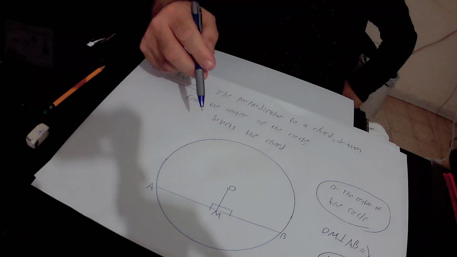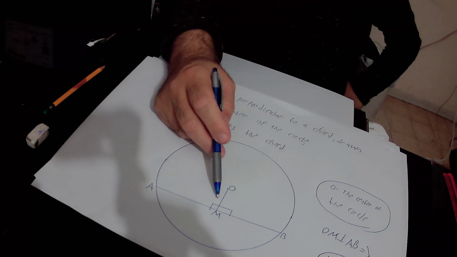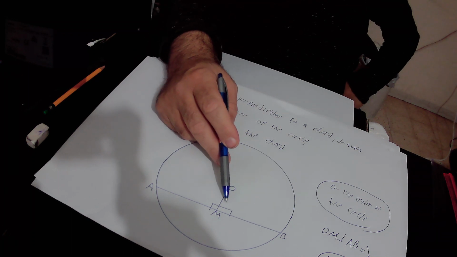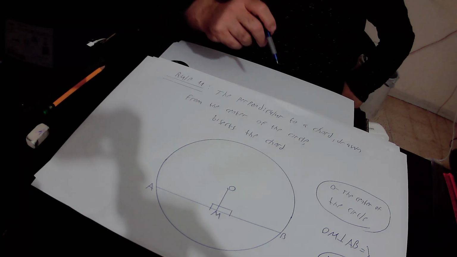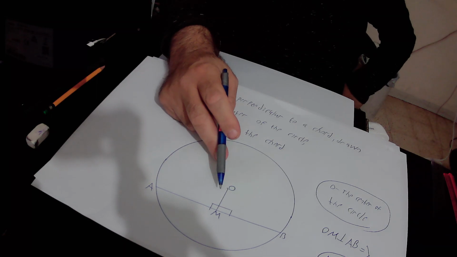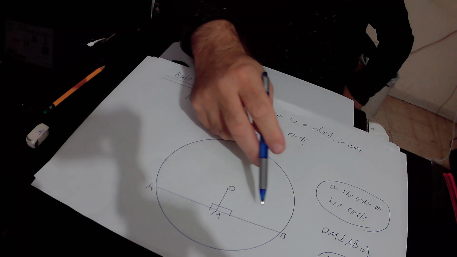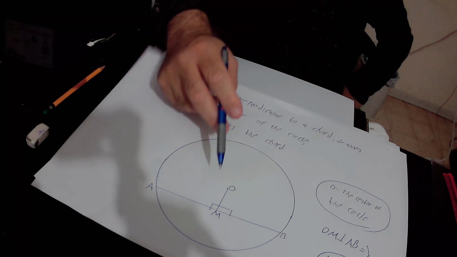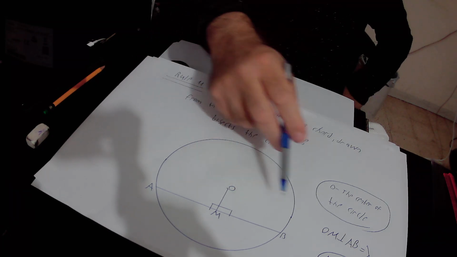From point O, we go perpendicular on chord AB. That is to say, this angle equals 90 degrees according to our construction. So whenever you draw a perpendicular to any chord, then the perpendicular OM is not only perpendicular to AB, but it also bisects chord AB. That is to say, AM equals MB.